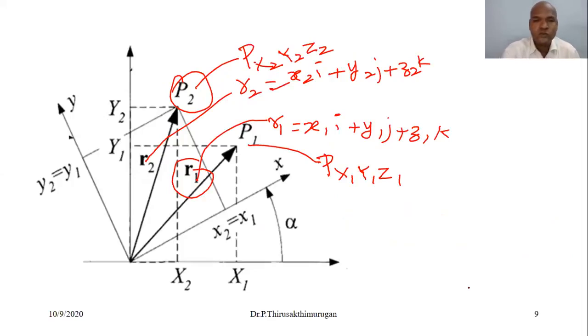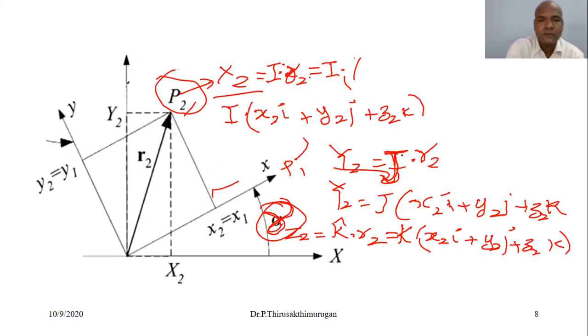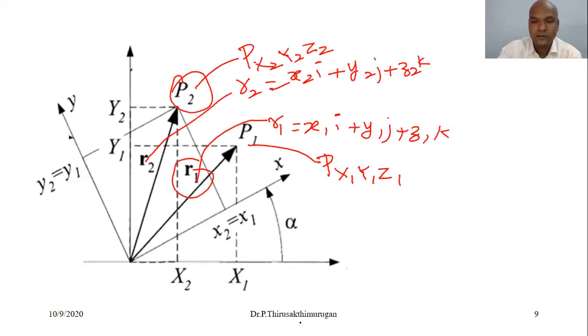When it moves to the new frame, you just multiply this I into this. So P2 of x y z equals, we will go to here.